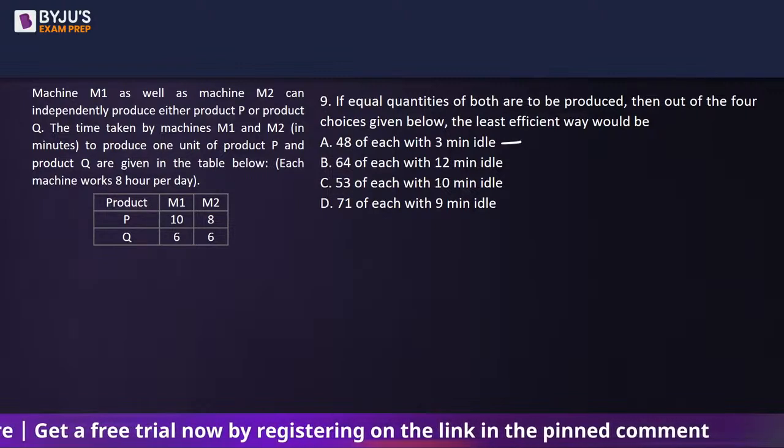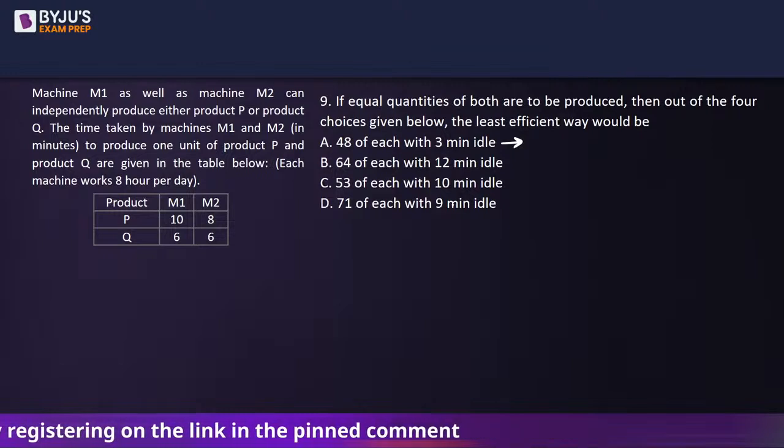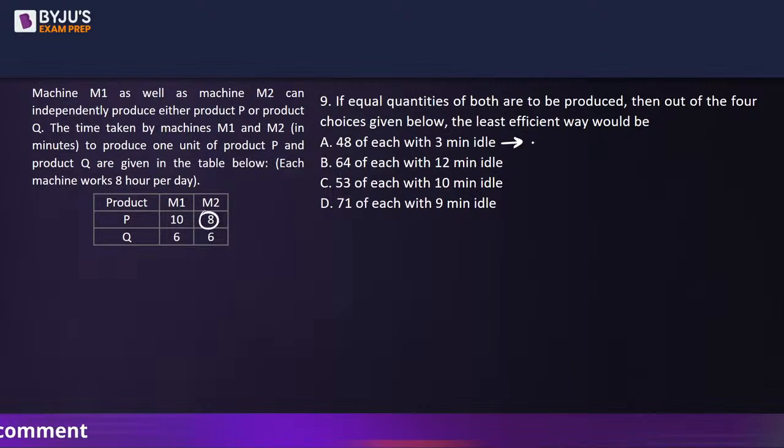Let's look at the first option. If I want 48 of each to be produced, so if I look at M2 producing P, it takes 8 minutes per unit.